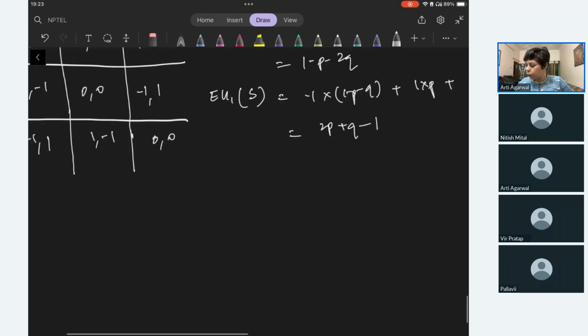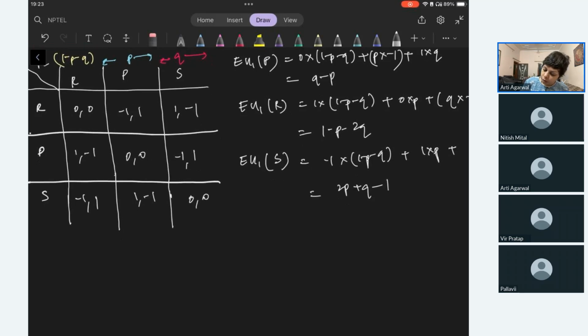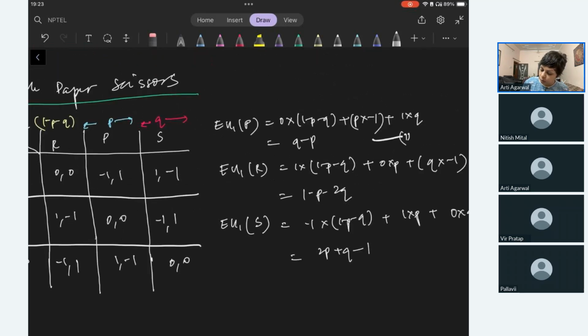Okay, so now I'm going to equate all of these expected payoffs. Let's number this: this is equation 1, this is equation 2, this is equation 3.